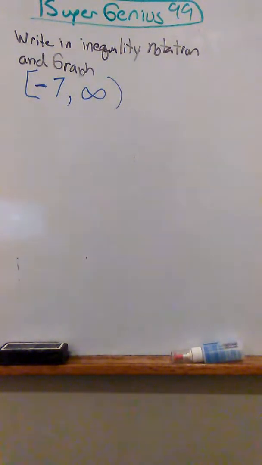All right, let's look at another one. Okay, so here we are going to graph -7 to infinity. So what would that look like on the graph? Okay, if we want to put this in inequality notation, let's do that as well. So last we were just doing the graphs. Now let's do the inequality notation.